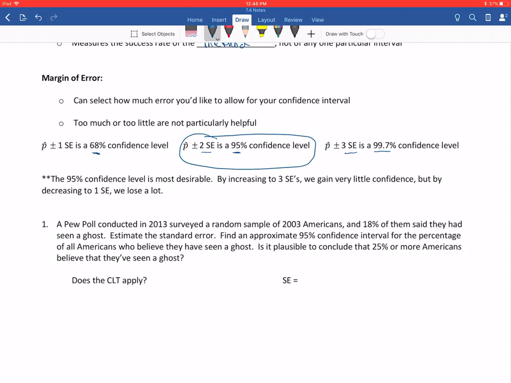It ends up being the most widely used because by increasing to an extra standard error either direction, we don't gain a lot. There's not a lot of confidence gained between 95 and 99.7. But if you go down a standard error, you lose a ton. There's a huge difference between 95 and 68. So the 95% ends up kind of being the sweet spot of where we like to keep things.